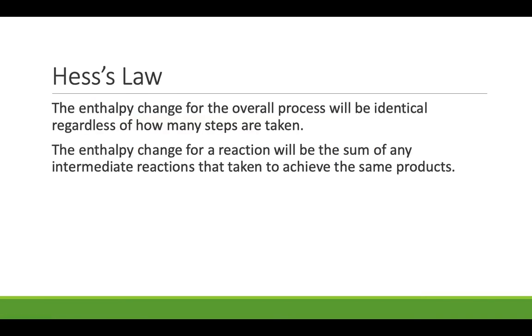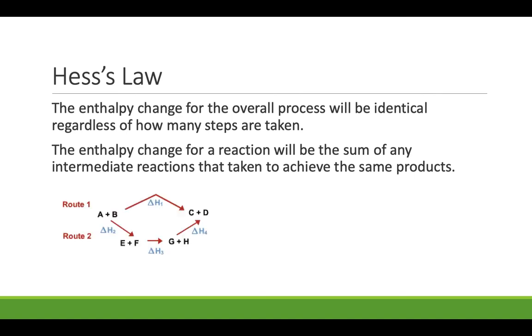Hess's Law. Hess's Law is actually very useful because it's something that we discovered through experiment. We realized that the enthalpy change for the overall process will be identical regardless of how many steps are taken.